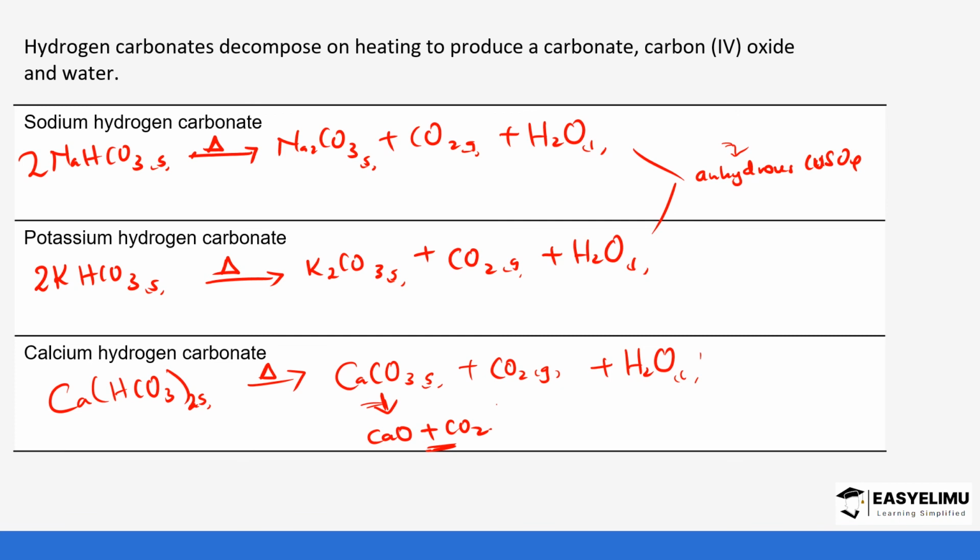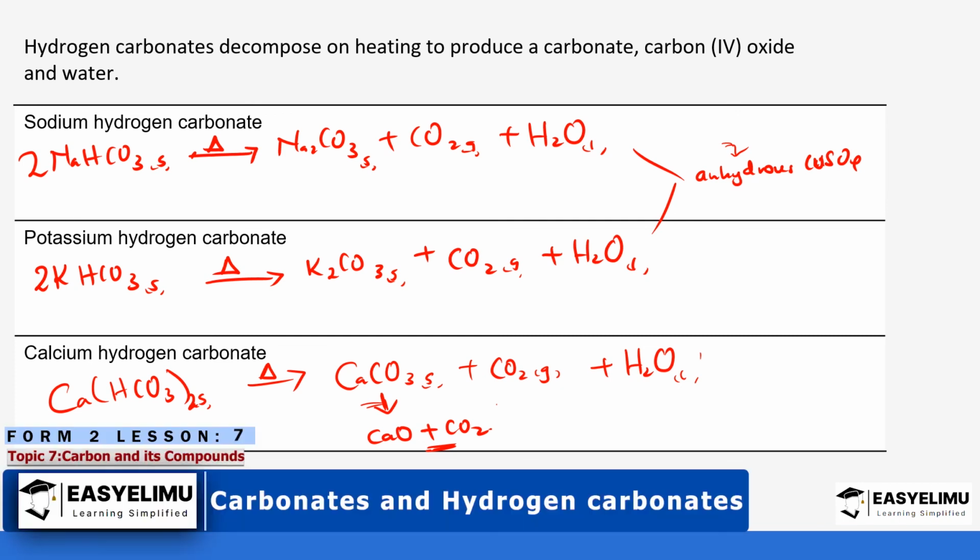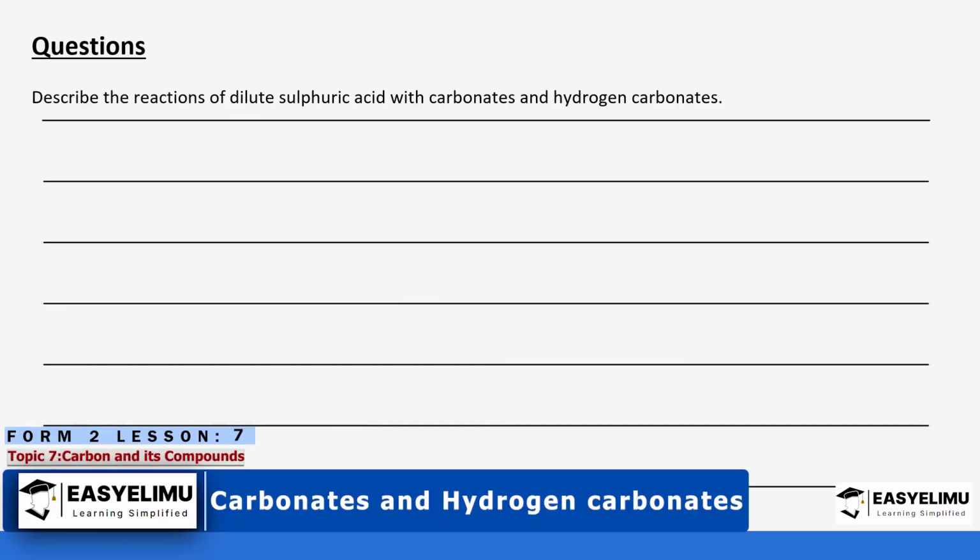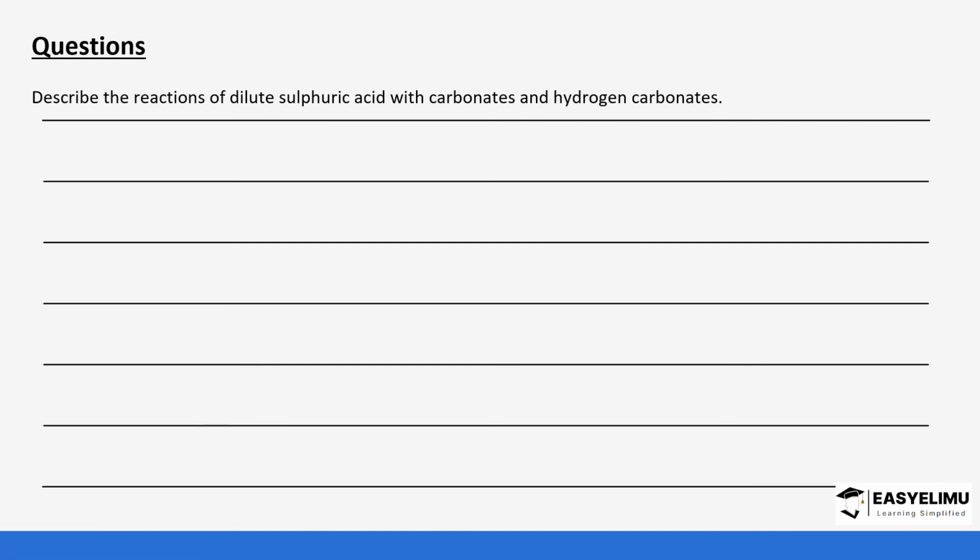So let's do a few questions in regards to what we have discussed. Describe the reactions of dilute sulfuric acid with carbonates and hydrogen carbonates.